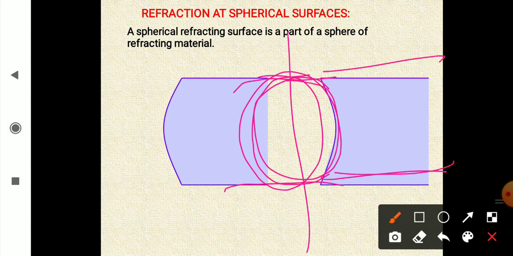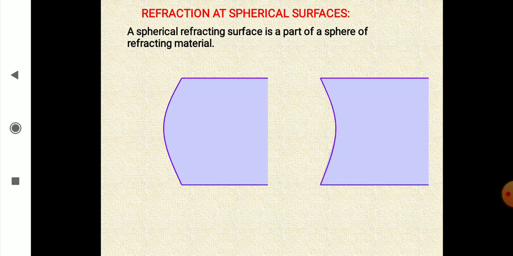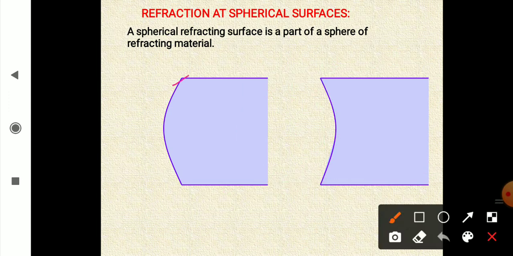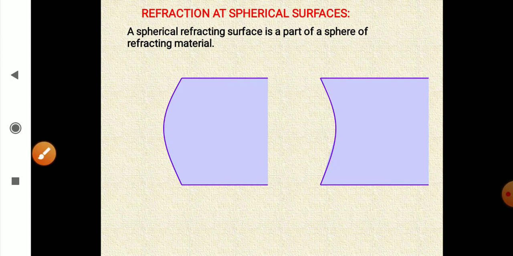becomes a concave spherical surface. Similarly, if I could complete a sphere like this, then this whole thing is a convex spherical surface.